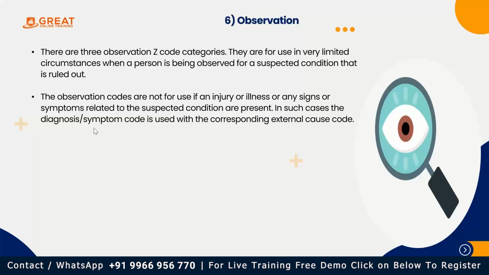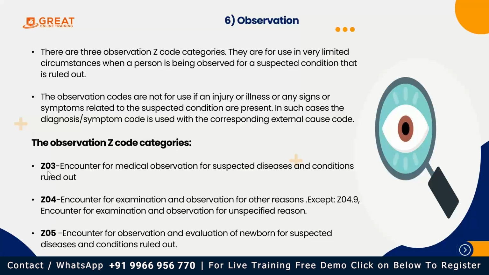In such cases, the diagnosis or symptoms is used with the corresponding external cause. So the observation Z code categories are: Z03 is encounter for medical observation for suspected diseases and conditions, rule out. Z04 is encounter for examination and observation for other reasons, except Z04.9, which is for encounter for examination and observation for unspecified reason.